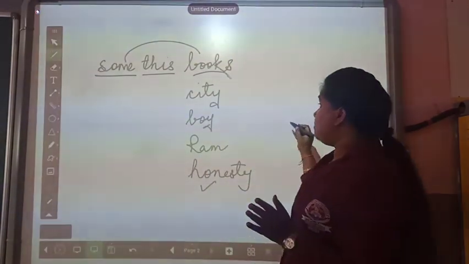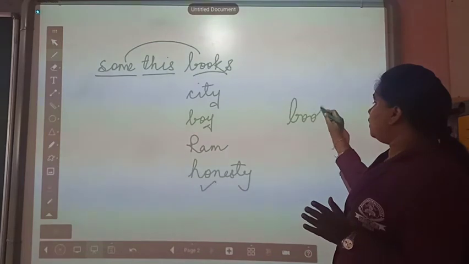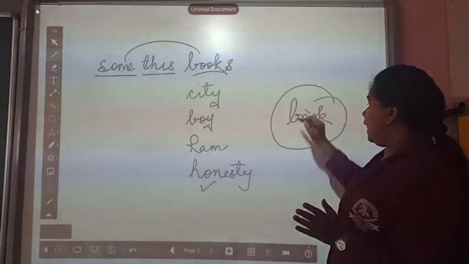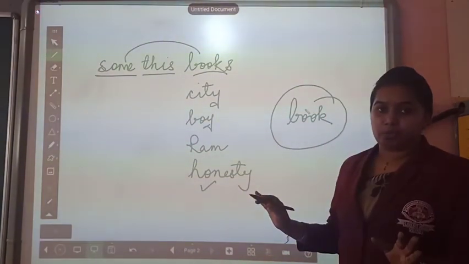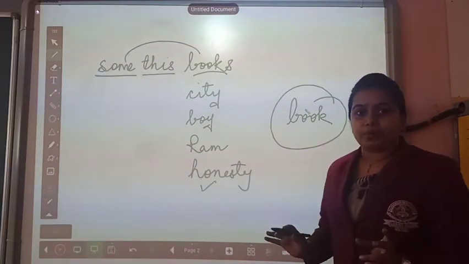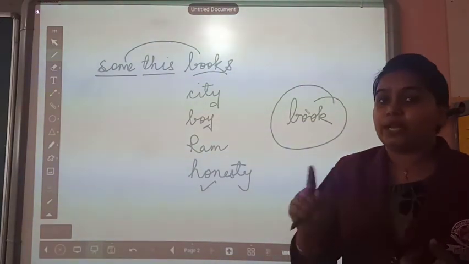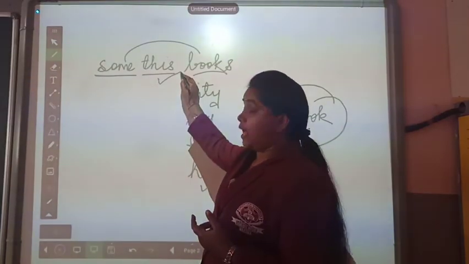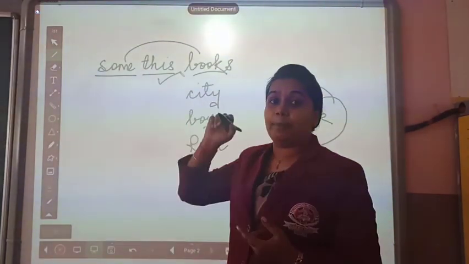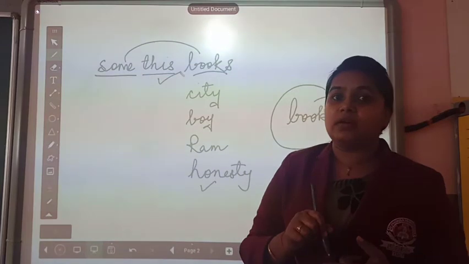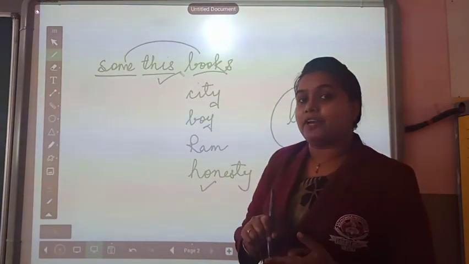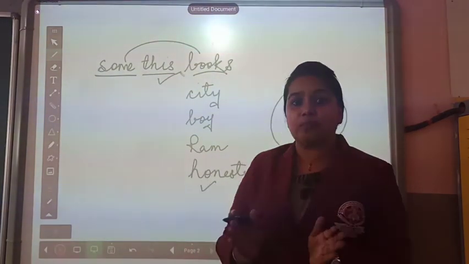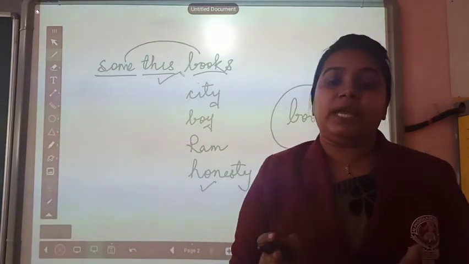When I was saying only book, it can be any book in general. I am not referring to any particular book. But when I say this book, I am particularly talking about this book, fixing and indicating it. Some books means there are some books which I am indicating.